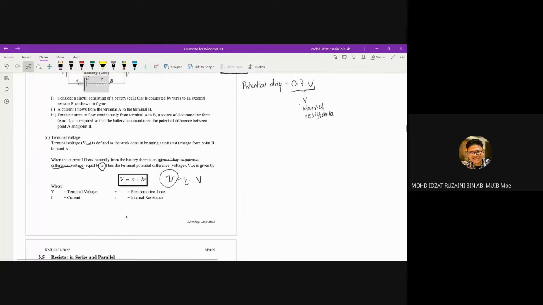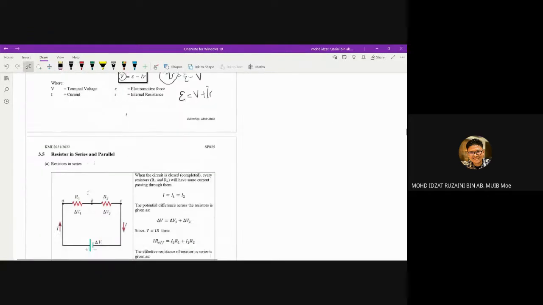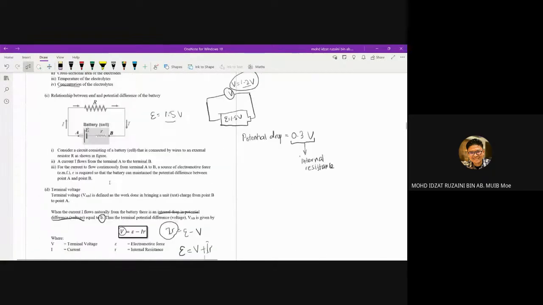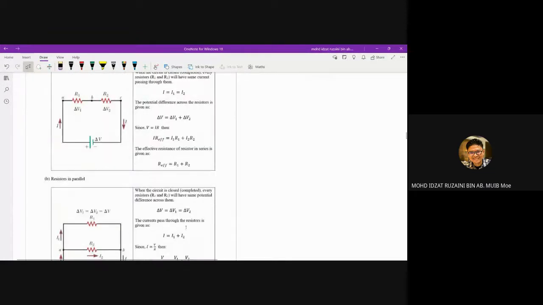V ini kita panggil sebagai terminal voltage. Ataupun you can write this one sebagai EMF equal to V plus IR. Benda sama sebenarnya. So that's it untuk 3.4.